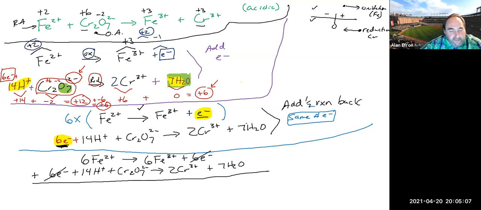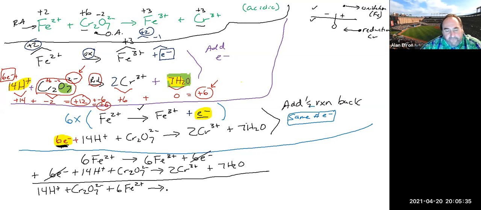Again, everything that is on the left-hand side of the arrow in both reactions will stay on the left-hand side of the arrow. Everybody that's on the right-hand side in both equations will stay on the right-hand side. So if I do that, I end up with 14 H+ plus Cr2O7 2- plus 6 Fe2+.